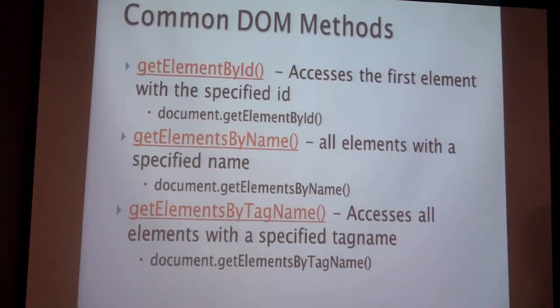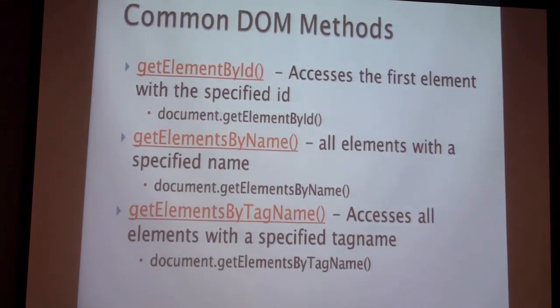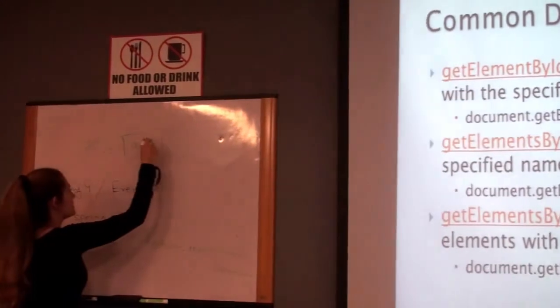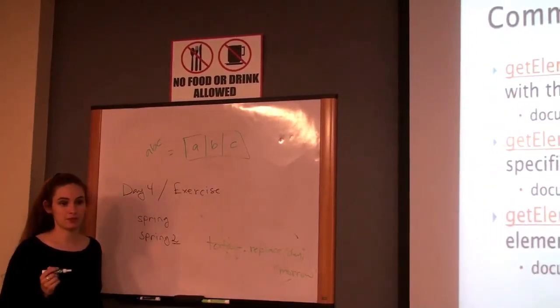Now, if there's only one and it's inside an array, how do you take an element out of an array? Let's start from the beginning. If I have an array ABC and I want to take out B, how do I take B out?